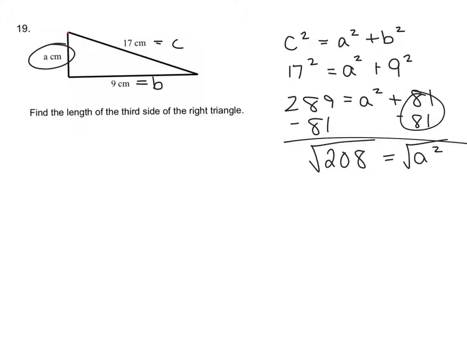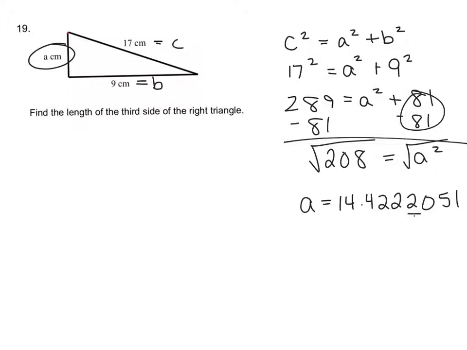The square root of 208 is 14.422051. And we'll round this to 3 decimal places. So we'll look at the decimal place that's in the 4th position, which is a 2.